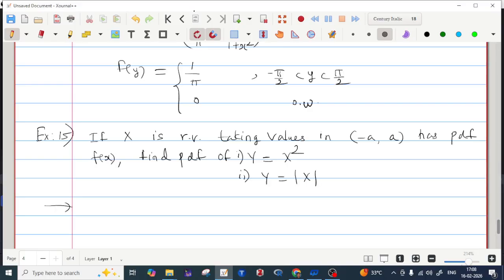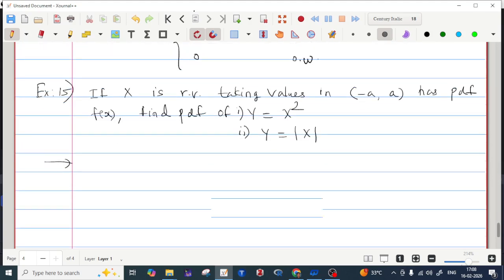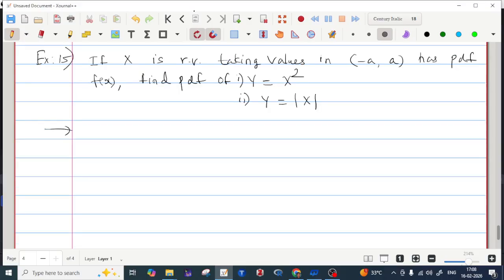So this is a question based on the distribution function approach. Now clearly you can observe the function y equals x square and y equals mod x are both not one-one. What is the graph of y equals x square?